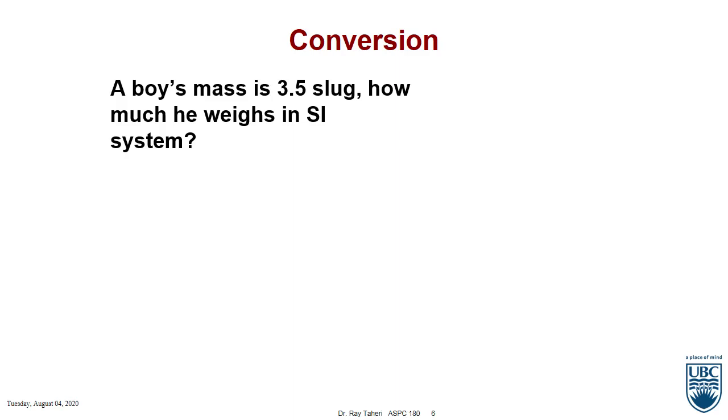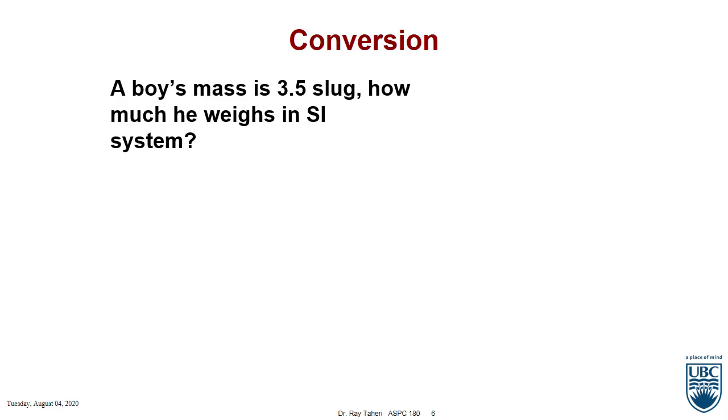So let's have a somewhat more complex conversion. A boy's mass is 3.5 slug. Don't forget, now we are in the domain of physics and statics. A slug is the unit of mass in the British or American system.